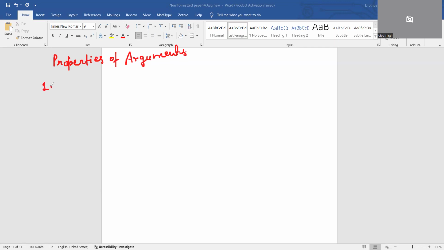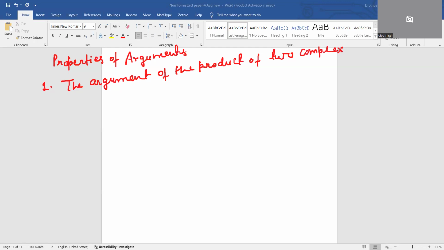First one, the argument of the product of two complex numbers is equal to the sum of their arguments.